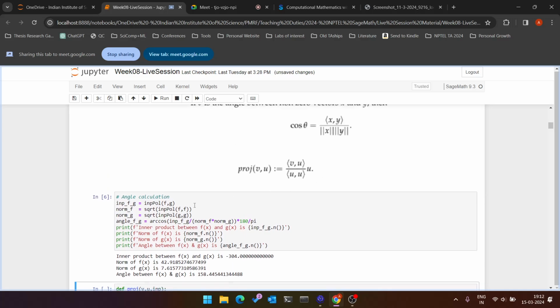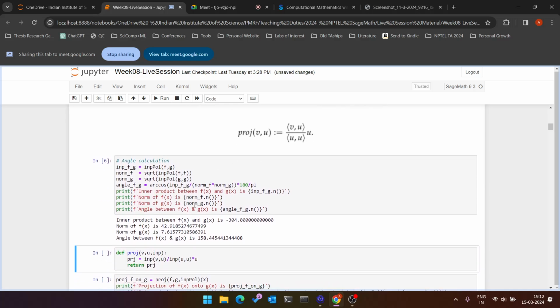To calculate the projection of v on u, we'll be using this definition, wherein the orthogonal projection of v on u is basically the inner product of v comma u upon the inner product of u comma u into vector u itself.